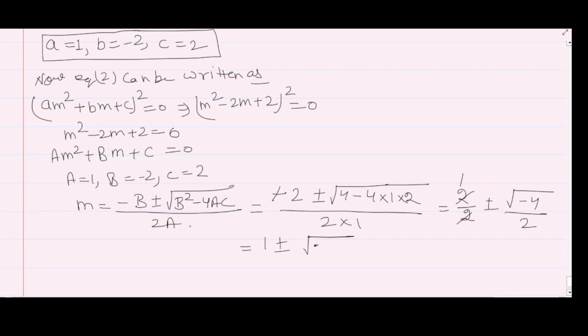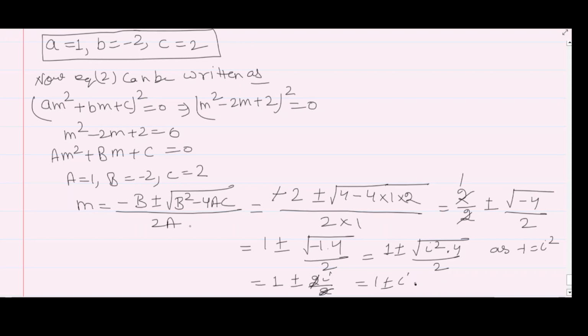So by solving this, we will have 2 upon 2, that will be 1, 1 plus minus root of -4, which can be written as -1 into 4, divided by 2. The value of -1 is i square. So under root i square into 4 divided by 2 can be written as 1 plus minus i, 2i upon 2. 2 will be cancelled out, 1 plus minus i.